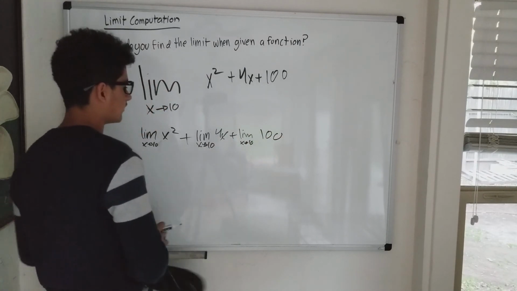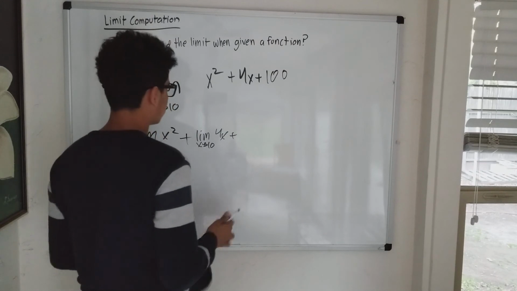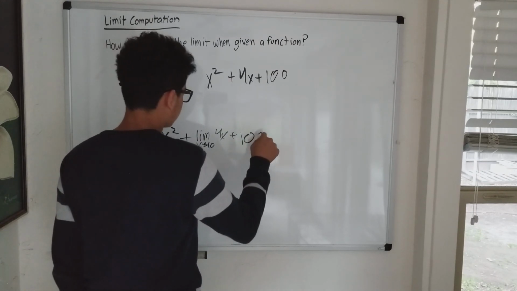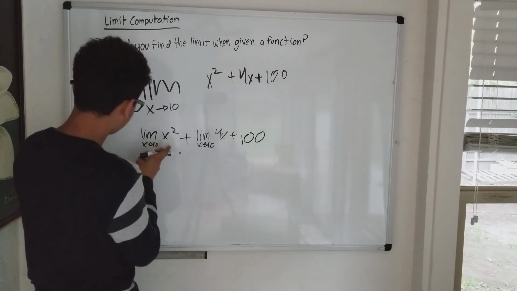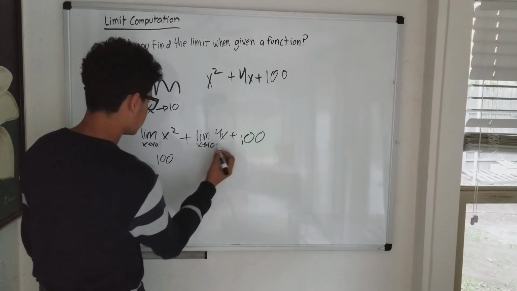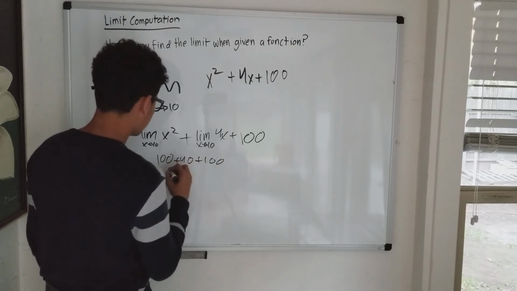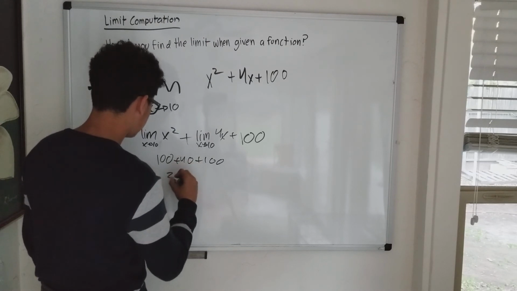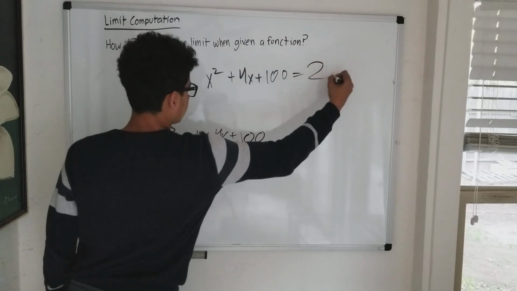Now I can already say off the get-go that this is automatically going to be equal to 100 because x has no impact on the value 100, because it's a constant. If I input 10 into x squared, you get 100 again. 10 into here gives 40, plus 100. This one is going to be 240. That's the value of this.